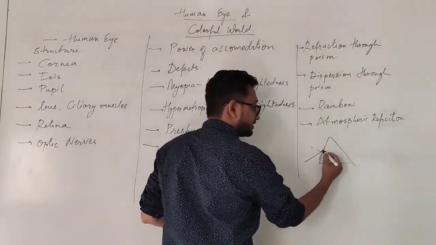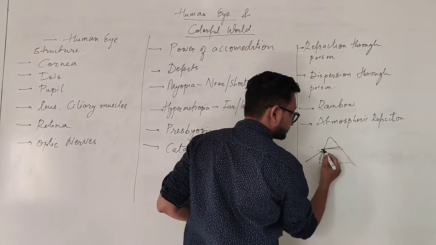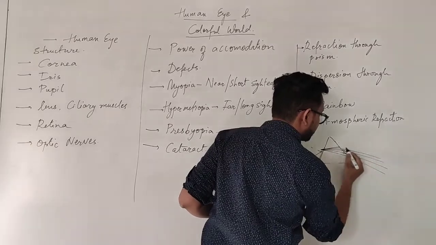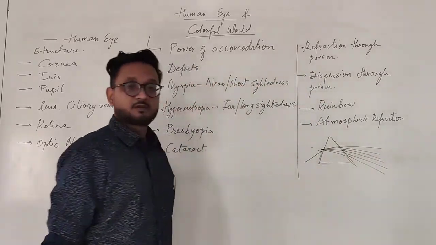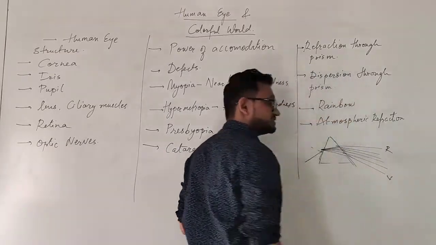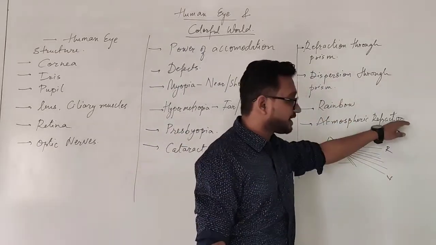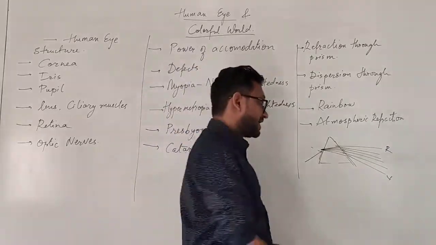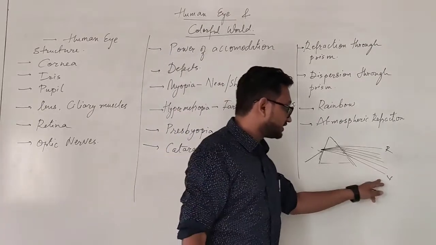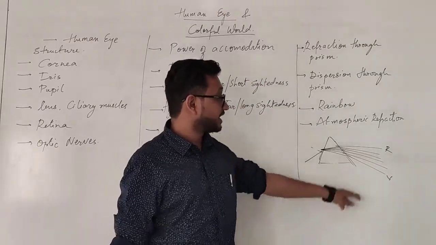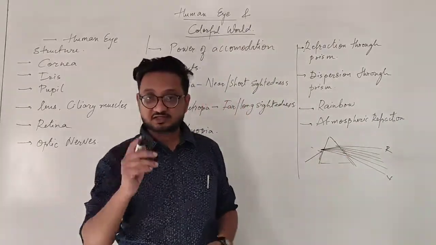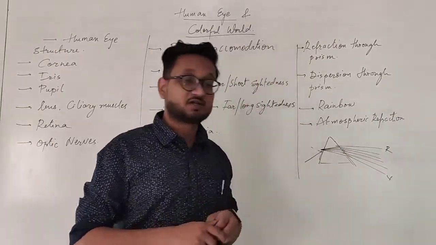Okay, like this. On the top we have the red color, and this one is the violet color. So the bending happens in this direction, violet having the least wavelength and therefore it refracts the most, and red having the maximum wavelength, it refracts the least. Refraction of the red color happens the least.